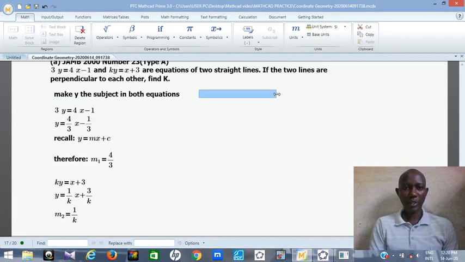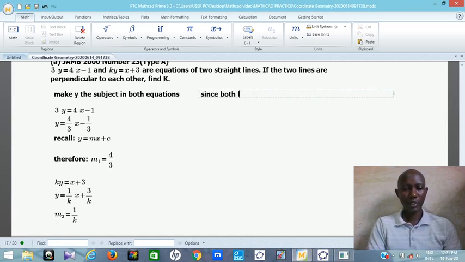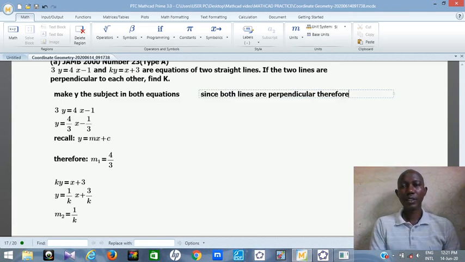Remember the condition for perpendicular lines. Since both lines are perpendicular, therefore we are going to have, you know the condition for perpendicular now.